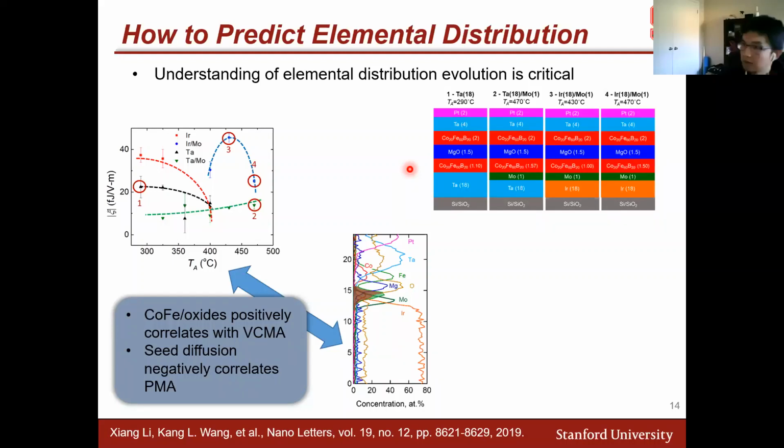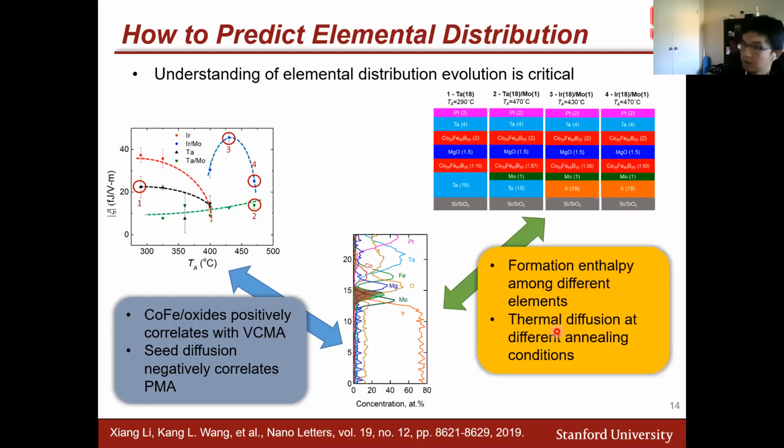We do not know what elemental distribution we will get, right? We have to understand the causal correlation between them. Actually, it's pretty simple to do that. We can use rather simple materials science theory, formation, and thermal diffusion to explain that. I'll talk about that in the next slide.